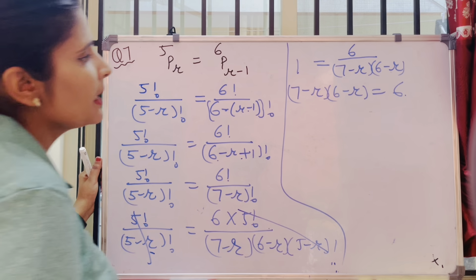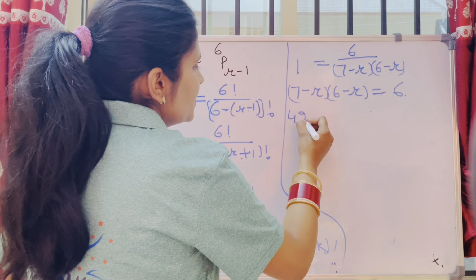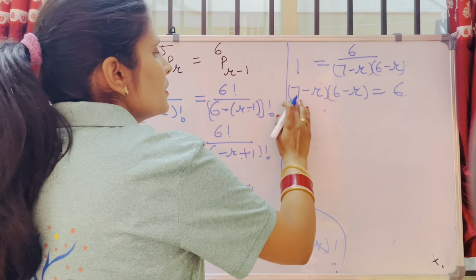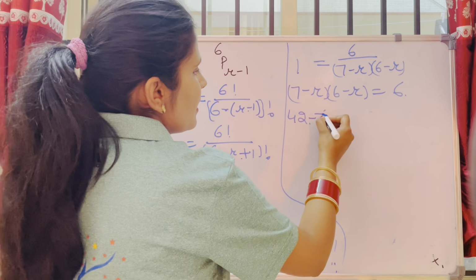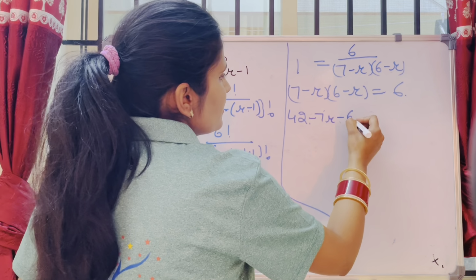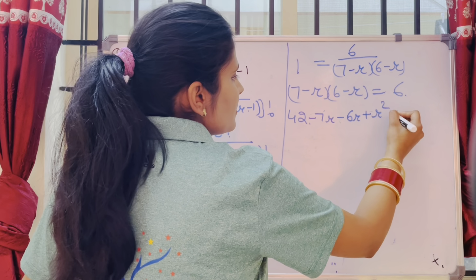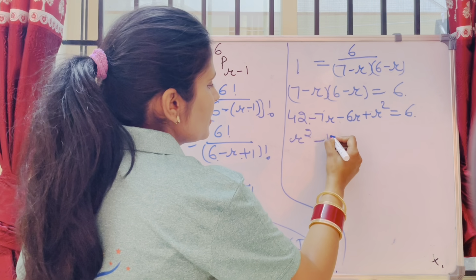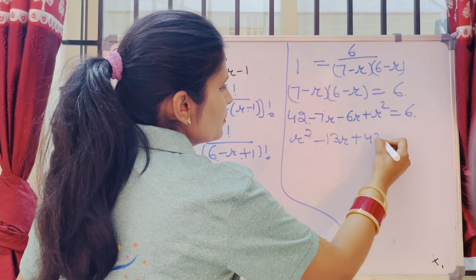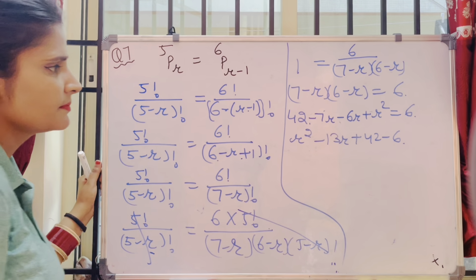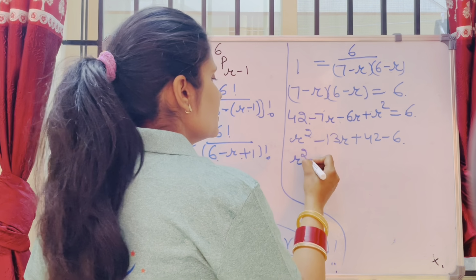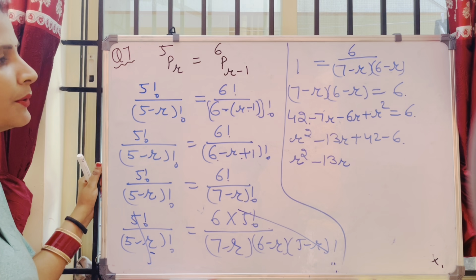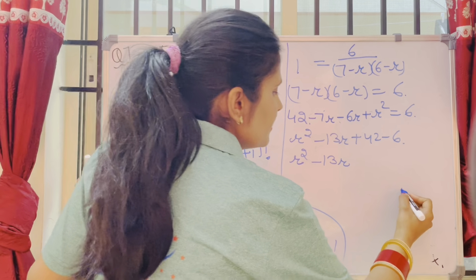Now just open the brackets: 42 minus 7r minus 6r plus r square is equal to 6. So r square minus 13r plus 42 minus 6.